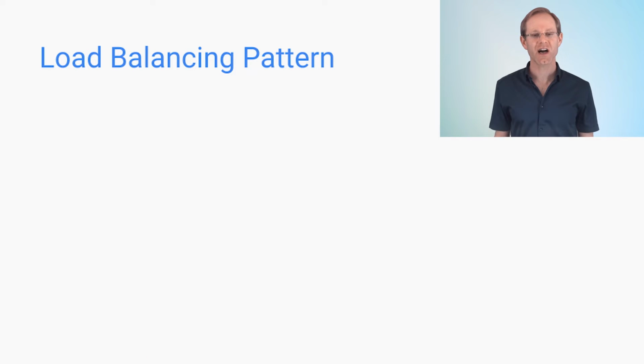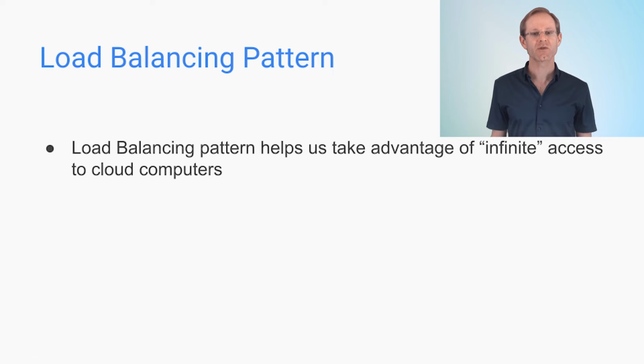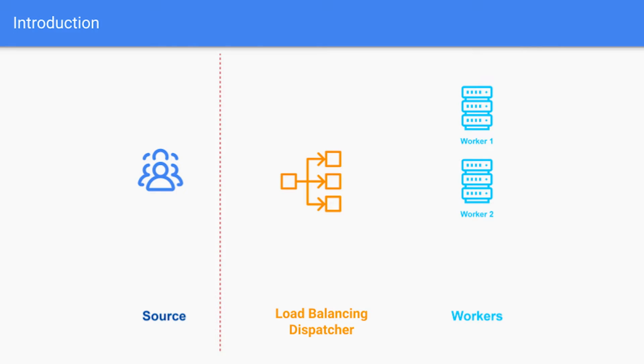So let's see how the load balancing pattern helps us take advantage of the most fundamental feature of cloud computing, which is the access to seemingly infinite number of computers. The load balancing as a pattern places a dispatcher between the source of the data or network requests to our system and the workers that process that data and send back a response.